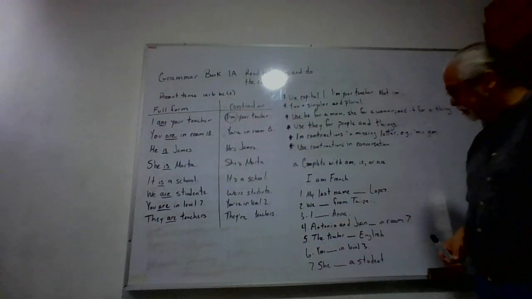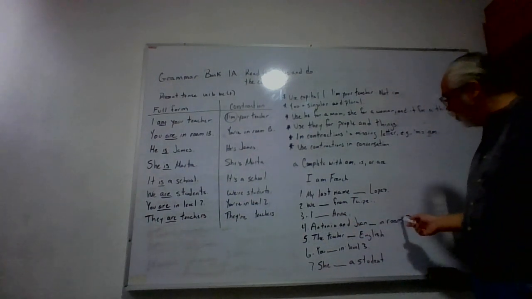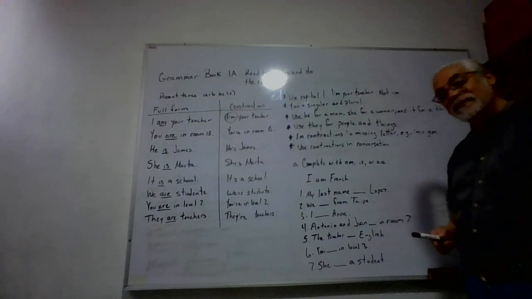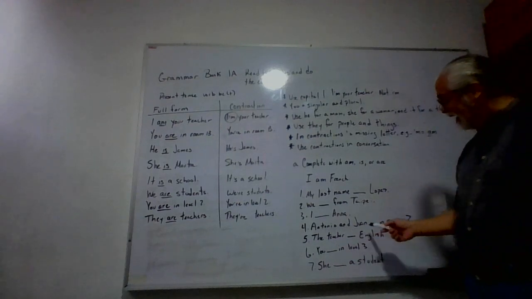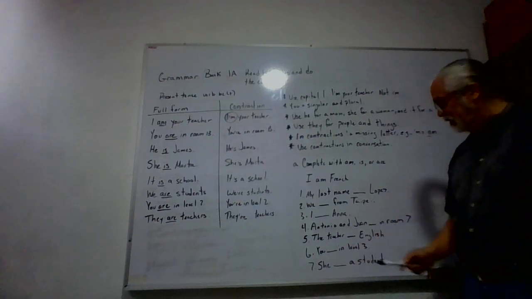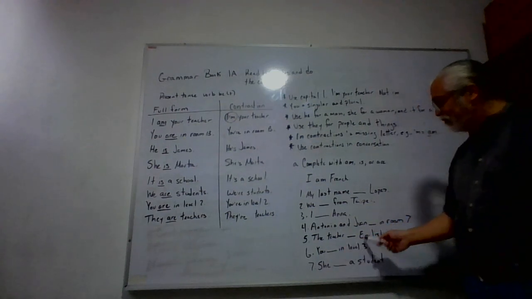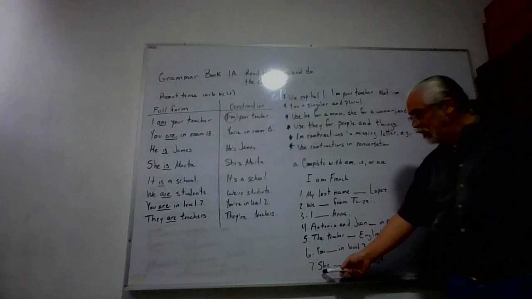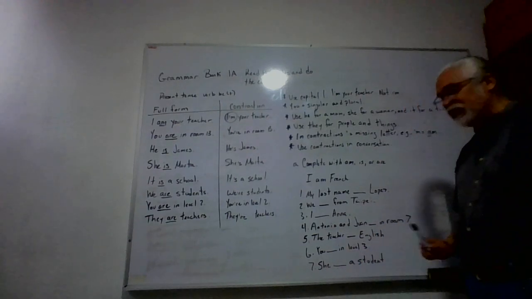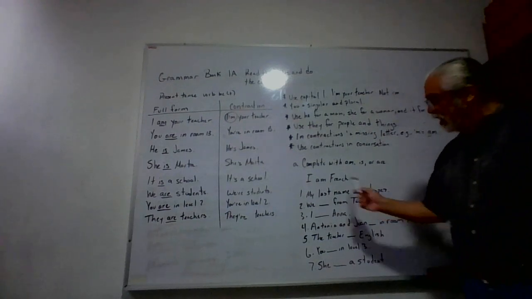Number 4, Antonio and Juan blank in room 7. Number 5, the teacher blank English. Number 6, you blank in level 3. And the last one, number 7, she blank a student. Go ahead and do those.